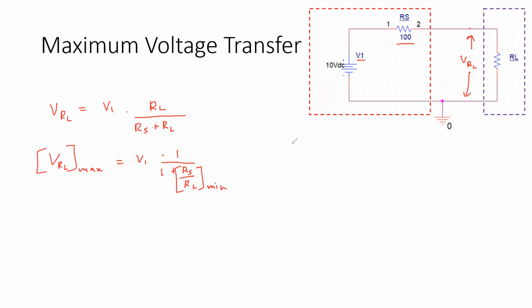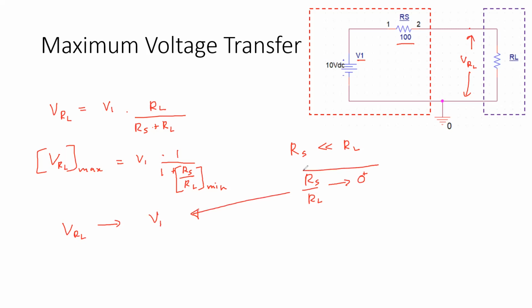To achieve this, we need to make RS smaller and RL larger. When RL is sufficiently large compared to RS, this RS divided by RL component reaches 0. When it is 0, we can say VRL tends to V1 if this condition is satisfied.